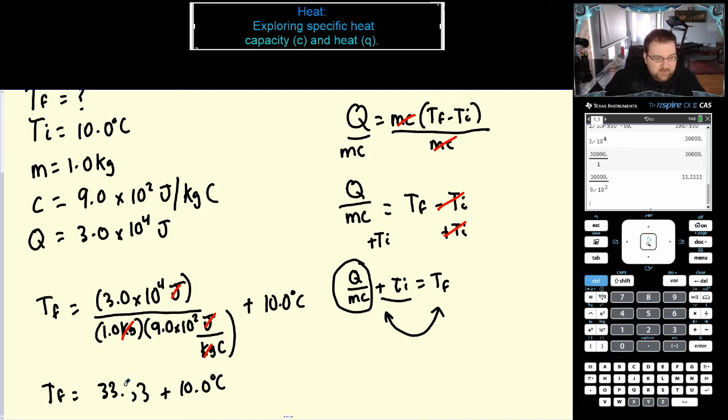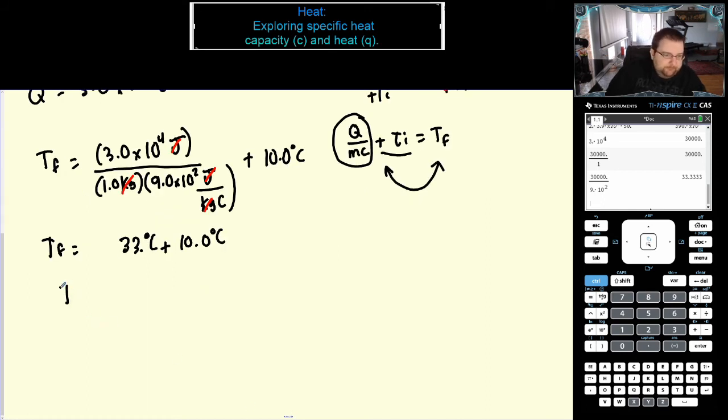So we should only have 2 sig figs in our expression here. So this should just be 33 degrees Celsius. Now, 33 plus 10, our final temperature is 43 degrees Celsius.